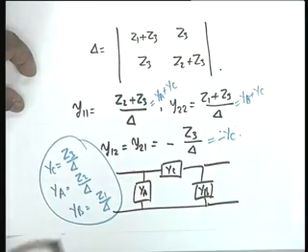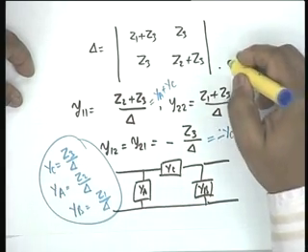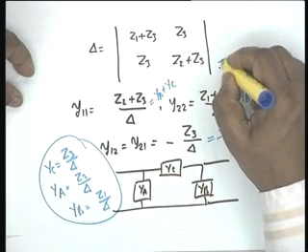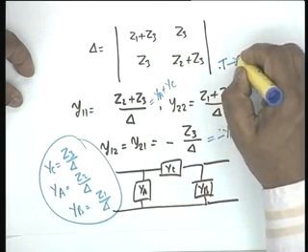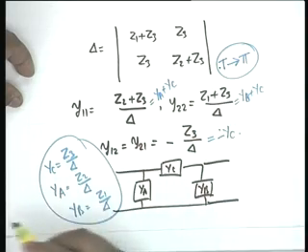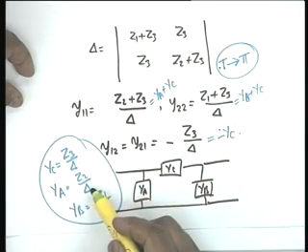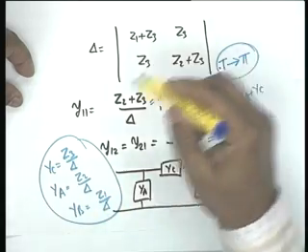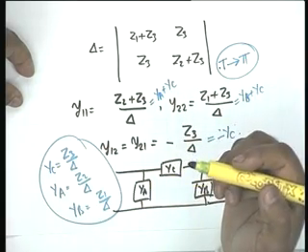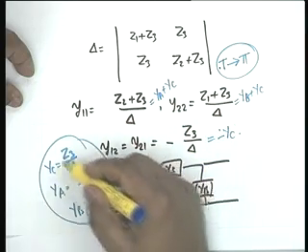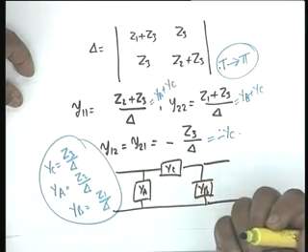These are the formulas for T to pi conversion, alright. Z1, Z2, Z3 are parameters of the T network, and YA, YB, YC are the parameters of the pi network. So, given Z1, Z2, Z3, these are the formulas for finding out the parameters of the pi network.